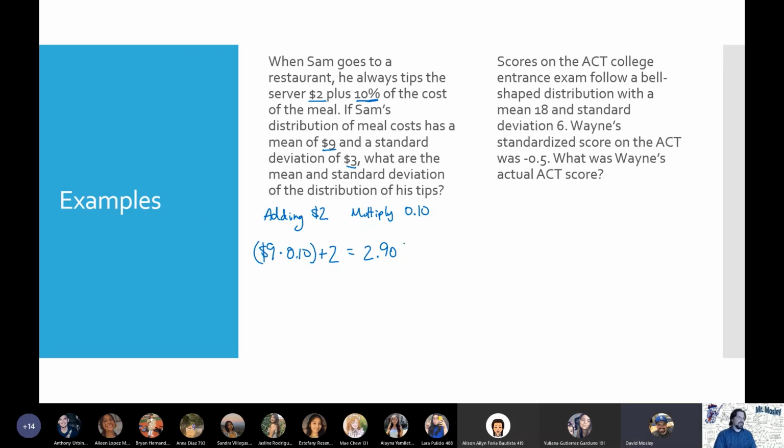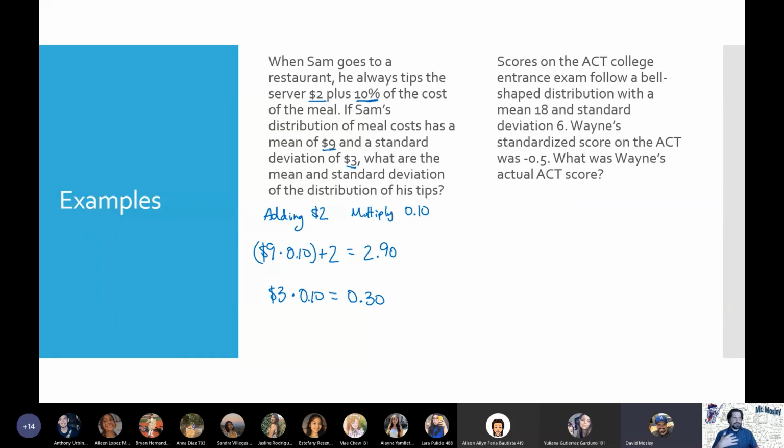So for the standard deviation, all I do is multiply by the 10%. And that means we multiply by 0.10, and that will give us 30 cents.